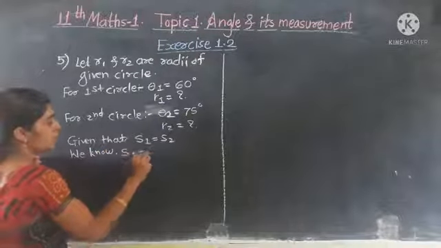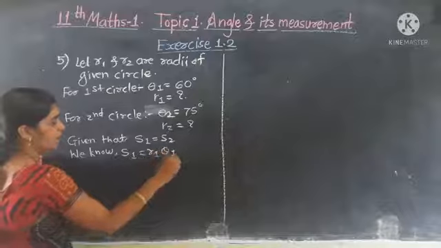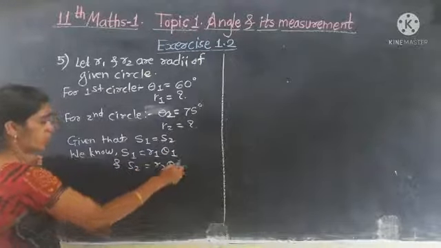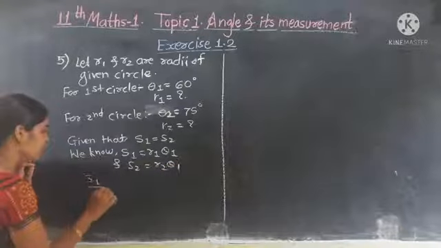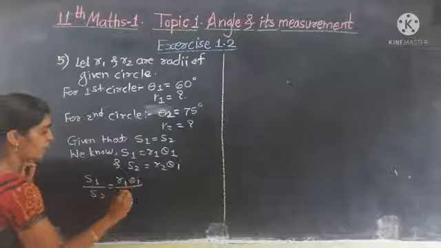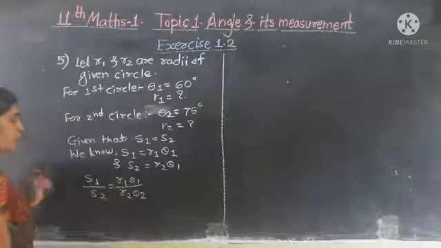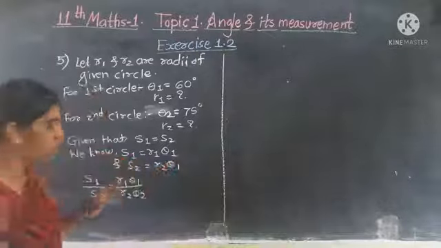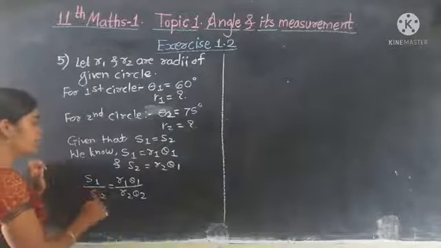S1 is equal to R1 theta 1 and S2 is equal to R2 theta 2. If we divide this both, S1 upon S2 is equal to R1 theta 1 upon R2 theta 2. These both are same here. Okay. So here S1 is equal to S2.